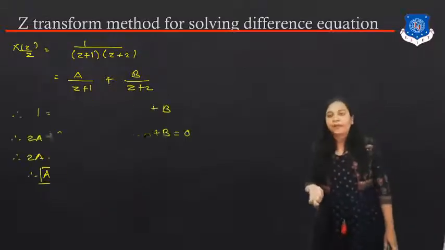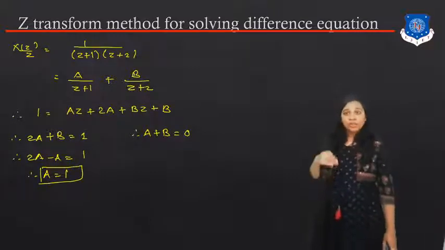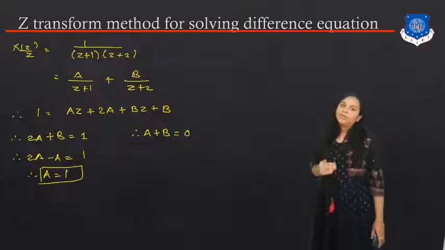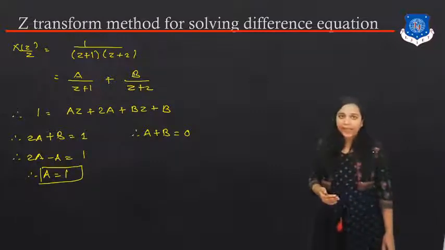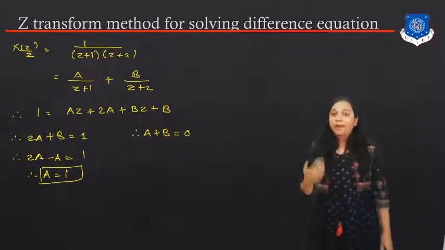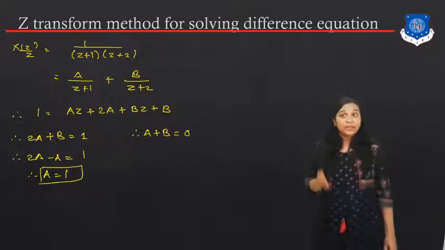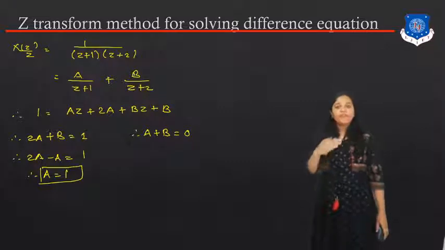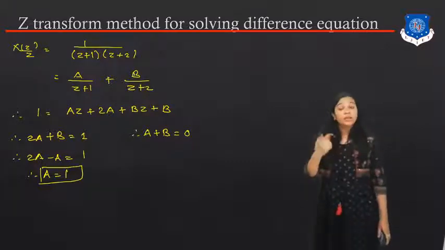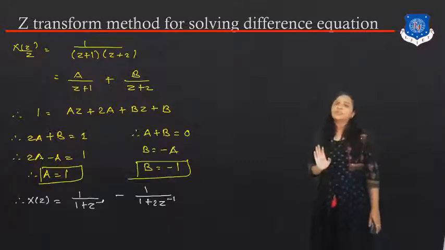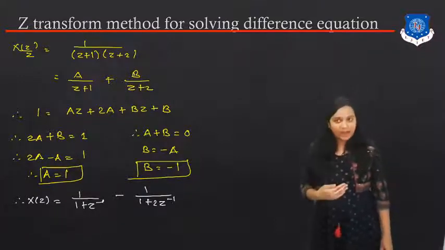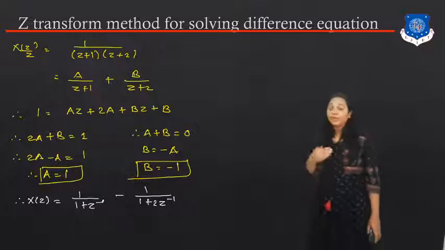After that we have to apply partial fractions for this particular system, find the values of a, b or c, and then put these values in the above equation. The last step is we have to apply the inverse z transform to find the value of x of k, because after doing the partial fraction, the equation is in the form of x of z, but in the question they will ask to find the value of x of k.